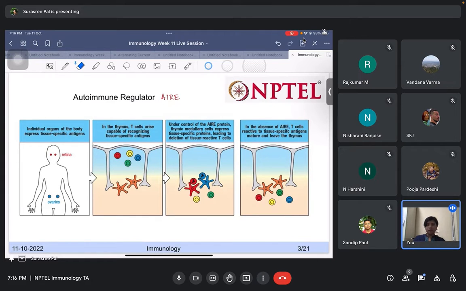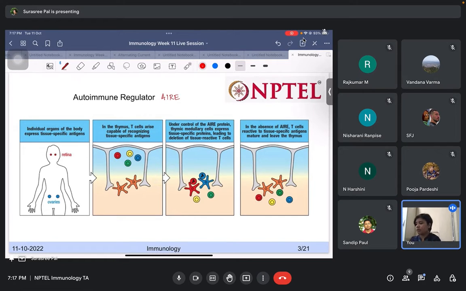So that is why there is this particular gene which is very interesting, the autoimmune regulator, and it expresses some tissue specific antigens in the thymic medullary cells, right? This gene helps in expression of tissue specific antigens in the thymic cells, so that the thymus can present these antigens to the developing T cells there.